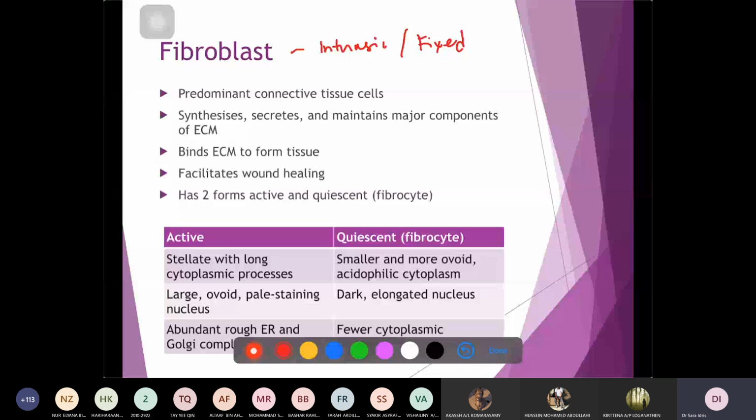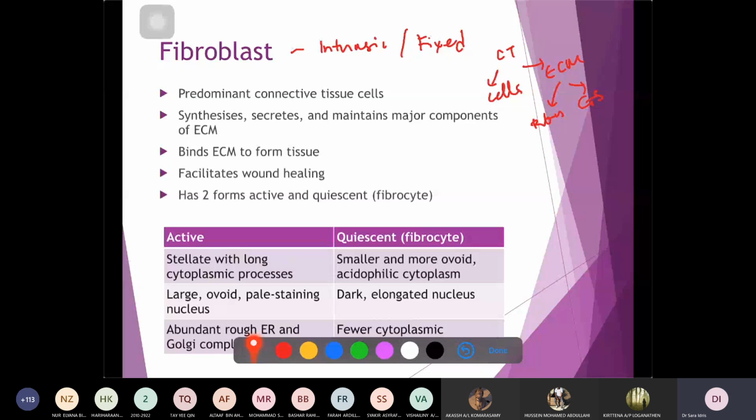And what it does is synthesize, secrete, and maintain major components of the extracellular matrix. So remember, in your connective tissue, you have cells, but you also have extracellular matrix, which includes your fibers and your ground substance. The fibers and the ground substance are actually synthesized by the fibroblast.